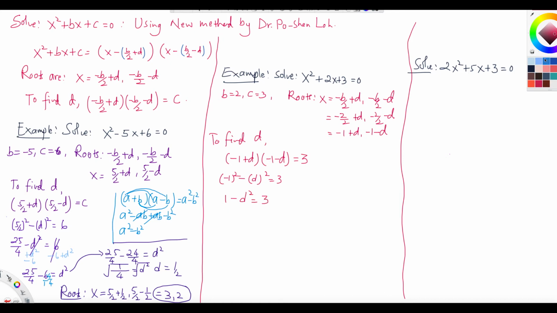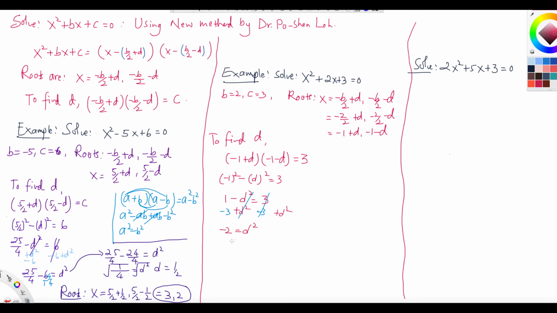Now we want to solve for d. How do I do that? Add d squared on both sides. Subtract 3. So what do you get? You cancel out plus and minus, equal quantity, right? 1 minus 3 is negative 2 equals d squared.